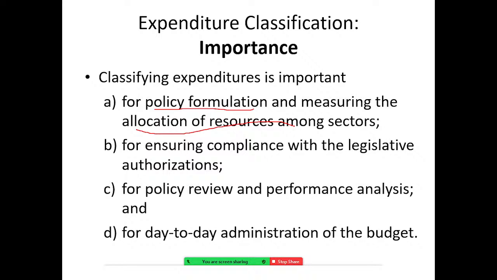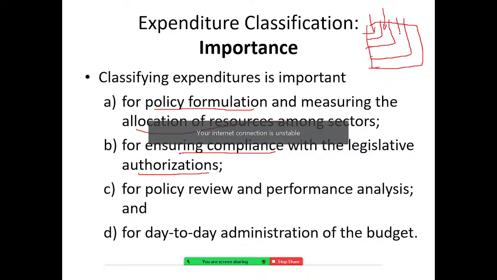So the government wants to measure whether the policy works or not. For that, they want a proper expenditure classification, and to ensure compliance with legislative authorities. In the parliament, they prepare the budget and allocate funding for different classifications, for different sectors. So they have to monitor, and at the end of the year, they have to report on the accounts of this public expenditure.